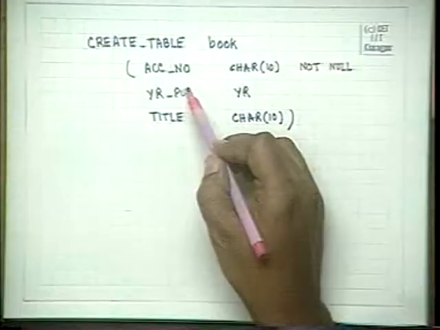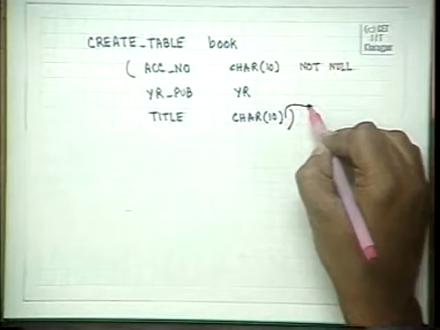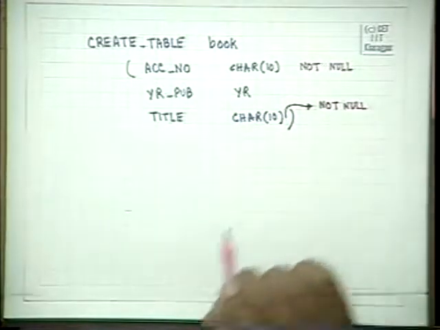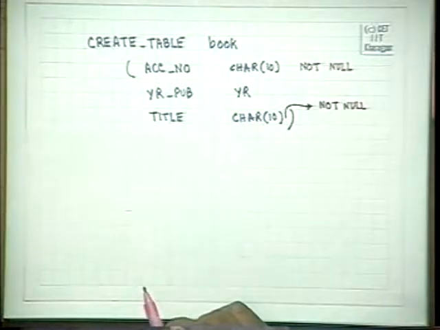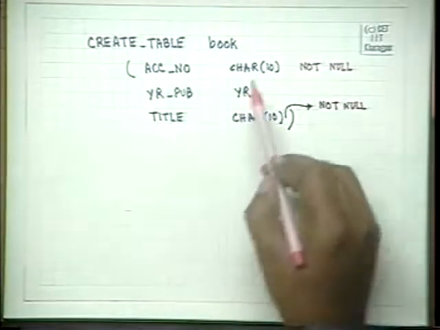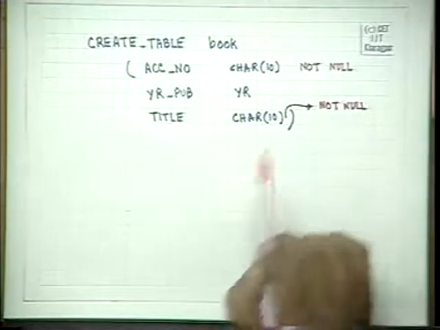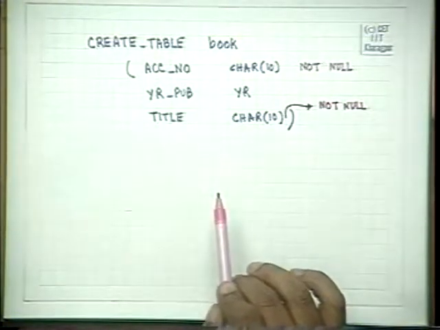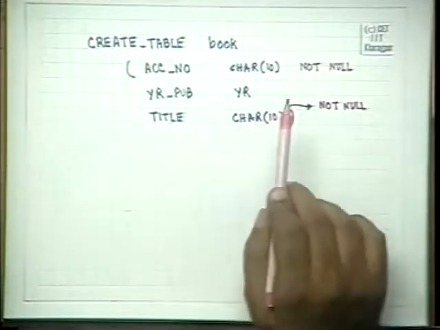But obviously accession number of the book cannot be null. Neither can the title of the book be null. Otherwise, how do you define the book itself? So you will say that these two fields should be non-null, and every time you insert or update any field, you will check whether these are null or not.